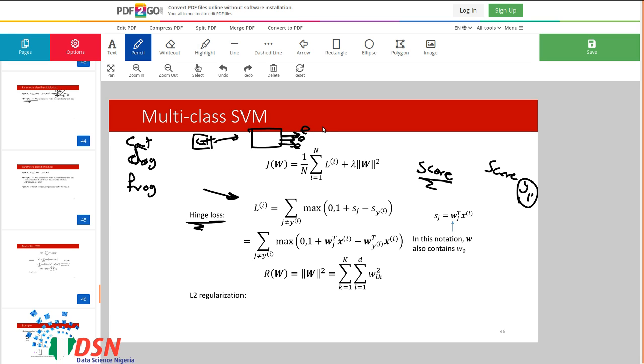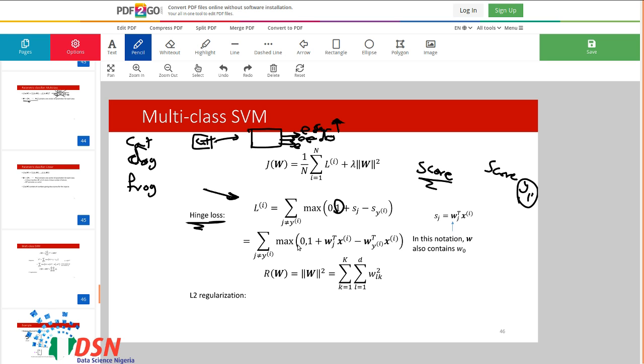We want the score of the cat class to be high, and we want the other scores to have a suitable margin from it. In other words, we want these scores to be relatively low in comparison with the score of the cat class. And this is what these terms do here.